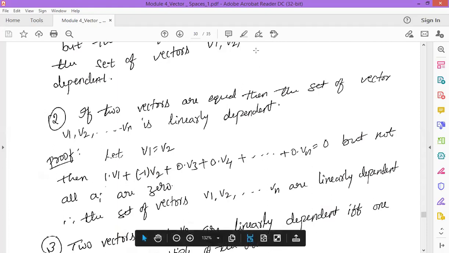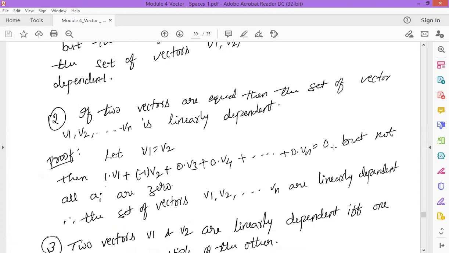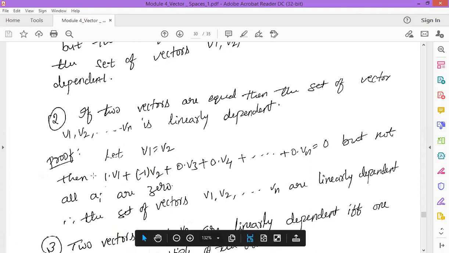So we can say that the set of vectors v1 and v2 is linearly dependent. Although the net result is 0 since v1 is equal to v2, the coefficients are not 0, so you can simply say that the given vectors v1 and v2 are linearly dependent.